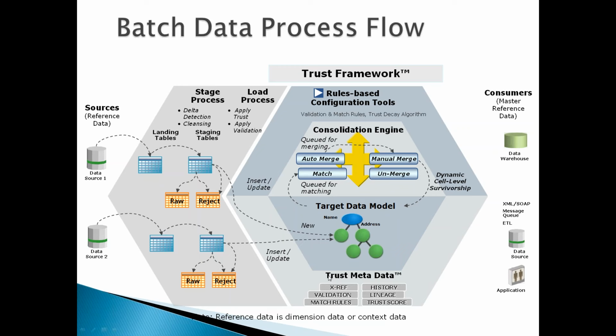But the XREF table will still have two records, because XREF maintains a type of history that two records came into the MDM and finally got merged into a single record in the base object.